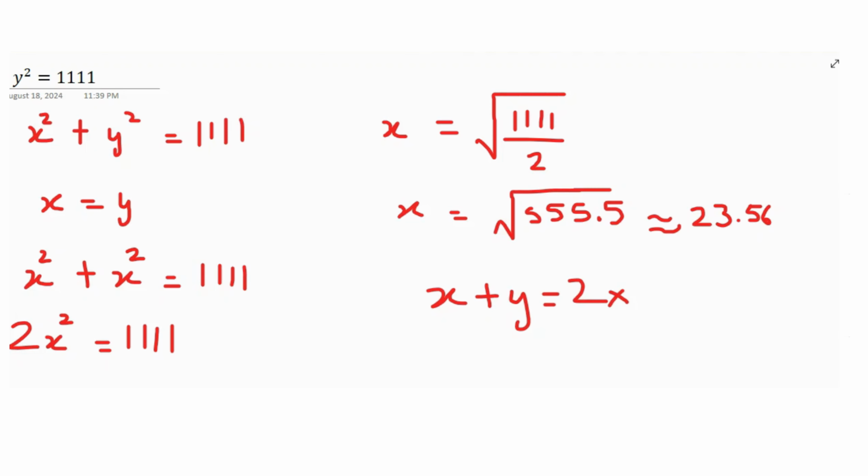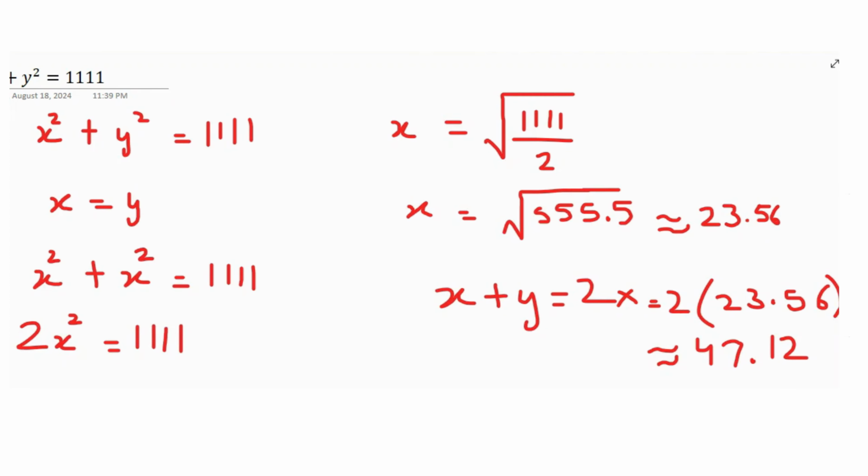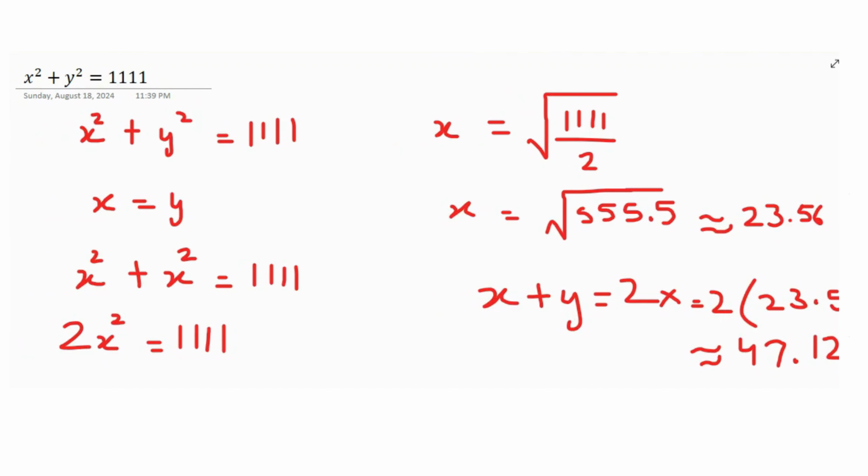This means that 2 times 23.56 is approximately equal to 47.12. So when we add the x and y values up, it's going to be 47.12.